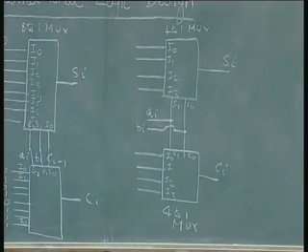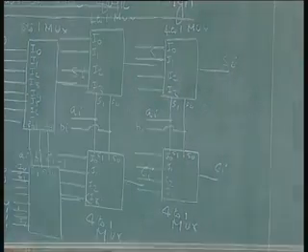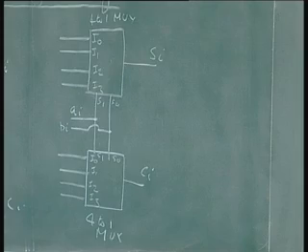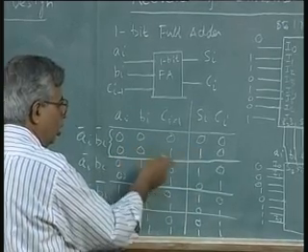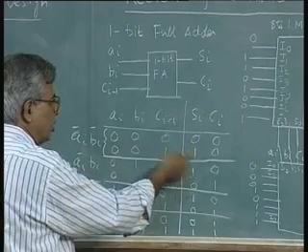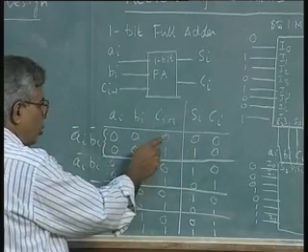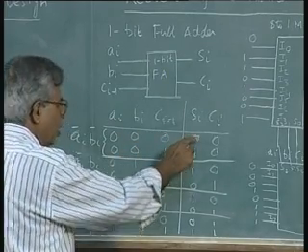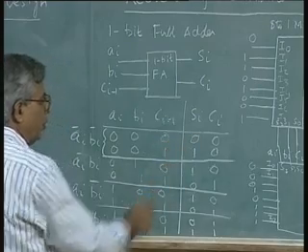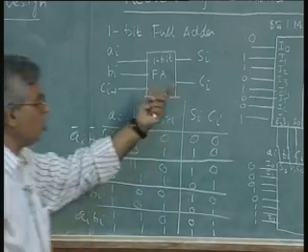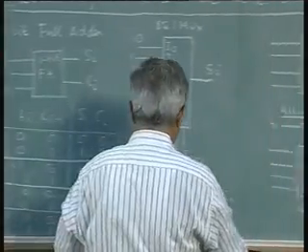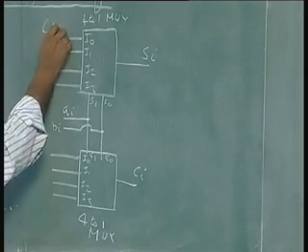That means, what distinguishes this row from this row is the Ci minus 1 value. If Ci minus 1 is 0, the output is 0, if Ci minus 1 is 1, the output is 1. So, that means the output Si is the same as Ci minus 1. So, instead of connecting a 0 or a 1, I am going to connect Ci minus 1 as my input.